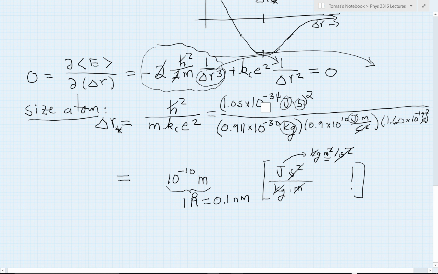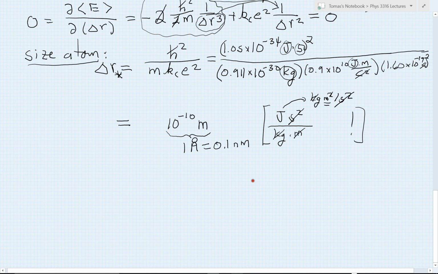So 1.05 squared. You might recall, just a little aside here, the fact that from your binomial theorem, (1 plus x) squared is 1 plus 2x plus a tiny term, x squared, but that's pretty tiny. So 1.05 squared, you just double the 0.05. So that's 1.1. Then I have to divide by 0.9.